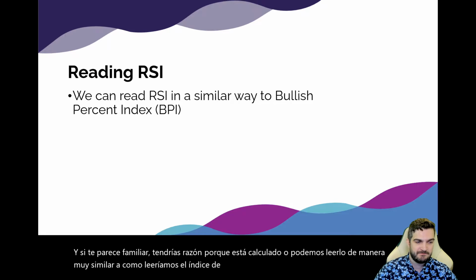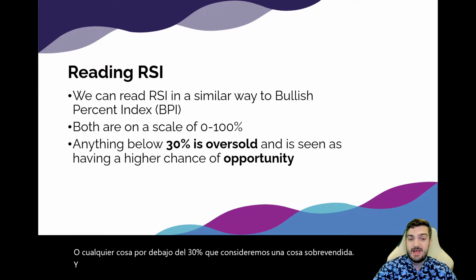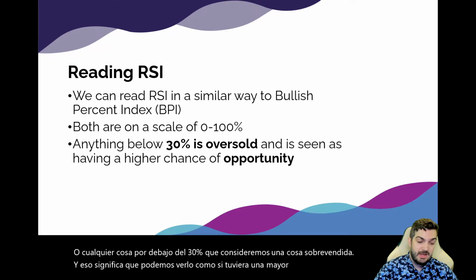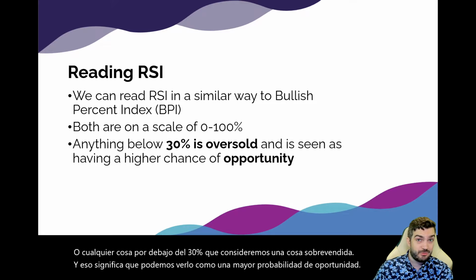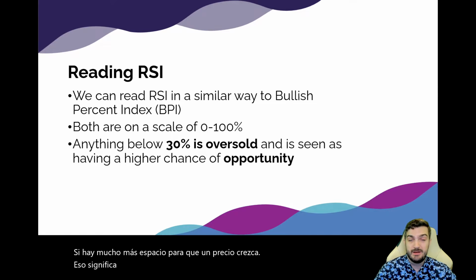They're both on a scale of 0 to 100%, where anything below 30% we consider to be oversold, and that means that we can see it as having a higher chance of opportunity. If there is a lot more room for a price to grow, that means there's more area of opportunity before someone might say, I think we might have taken things a little bit too far.